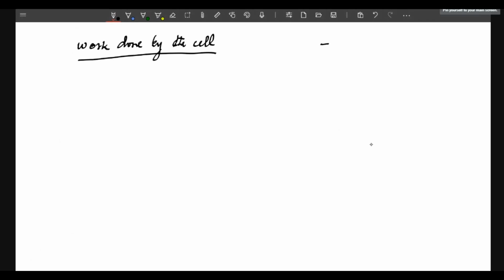Whenever work is done by the system, it is said to be minus W. Work W is given in Joule. If the value is larger, it is converted into kilojoule. Because work is done by the cell, therefore minus W. And work is done by the system means which process should be taking place in the cell? A spontaneous process should be taking place.